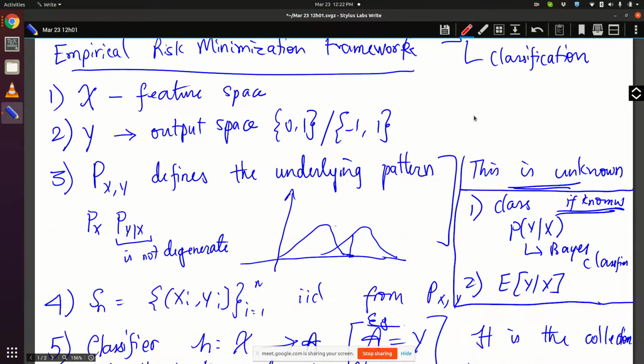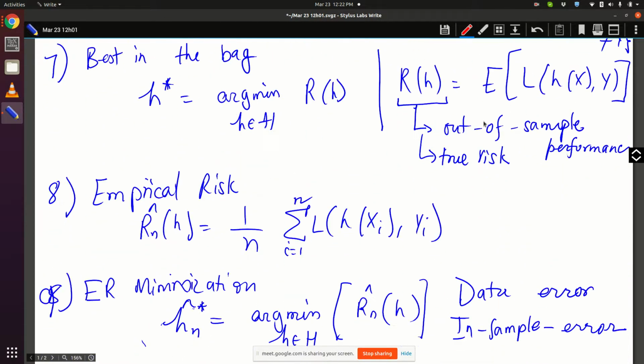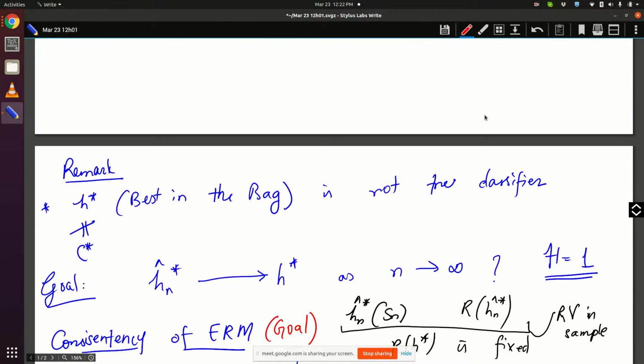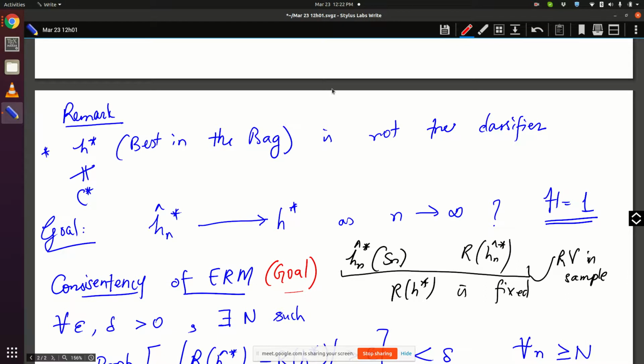Do you see the difference between what happened in the last class and now? In the last class we saw that even in the noiseless case, if you choose a large enough bag, it doesn't work. But that discussion assumed there is a C star, which is not very realistic.